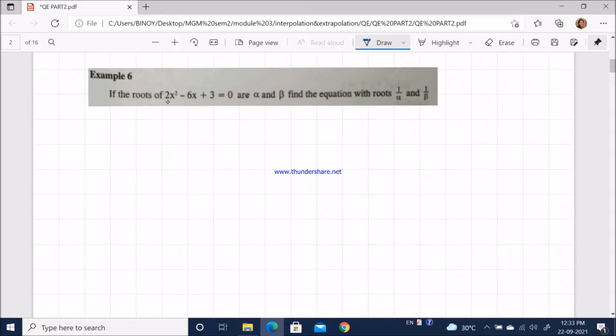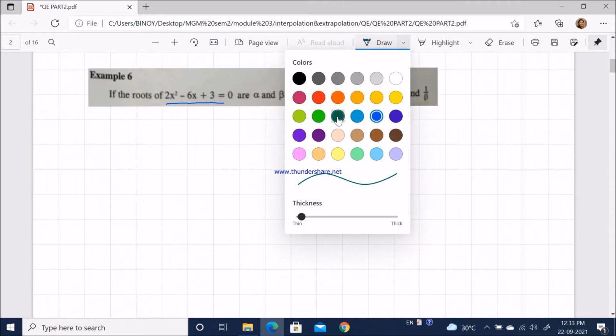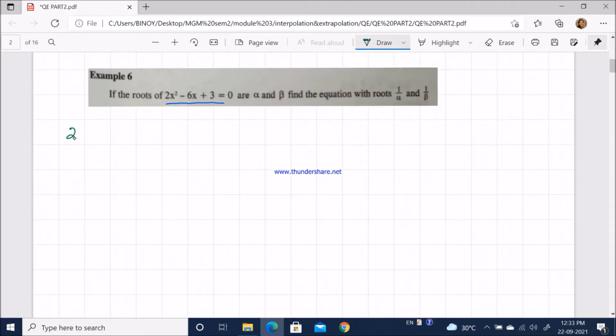If the roots of 2x square minus 6x plus 3 equal to 0 are alpha and beta. So you are given a quadratic equation, that is 2x square minus 6x plus 3 equals 0.